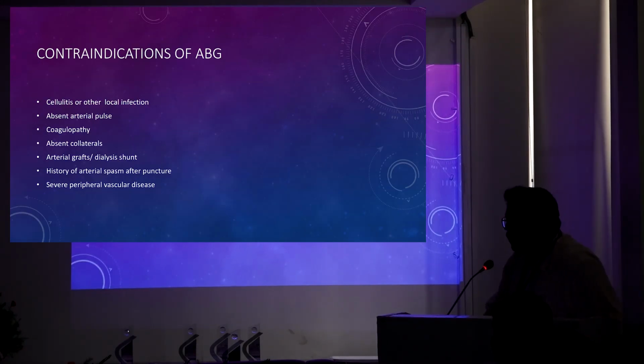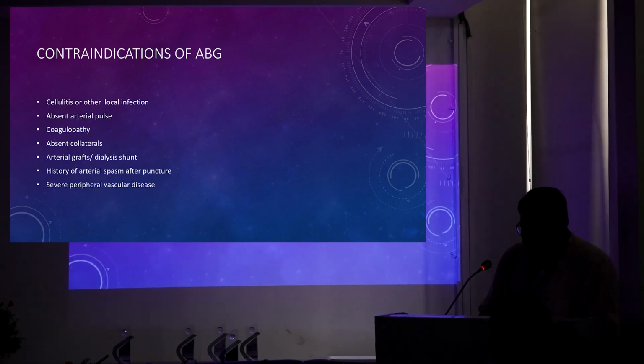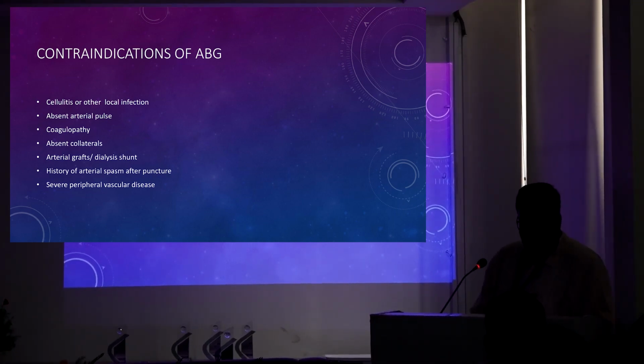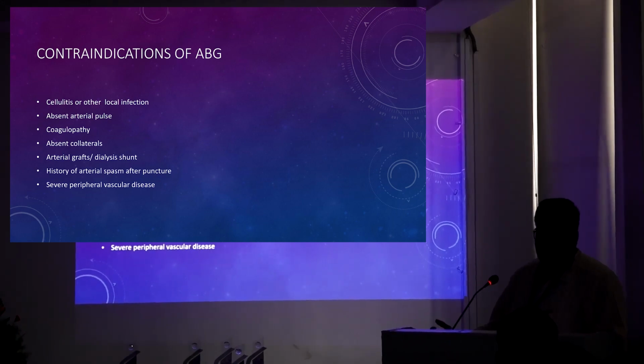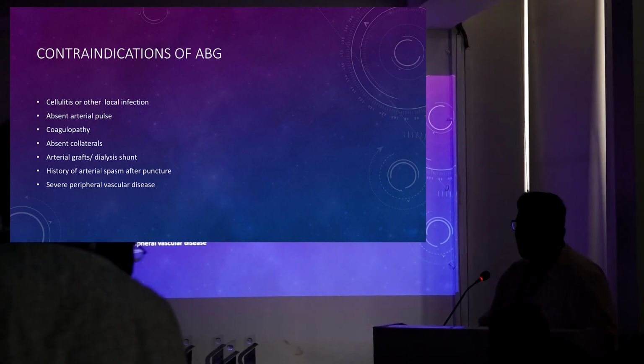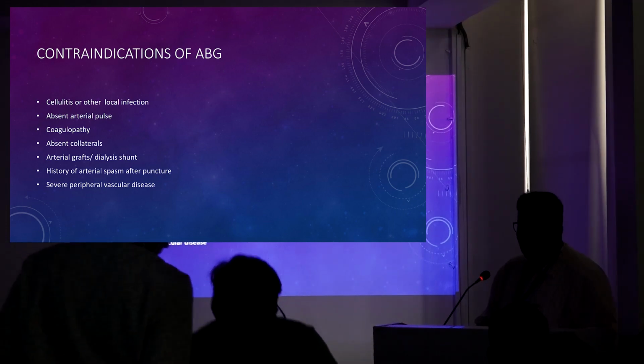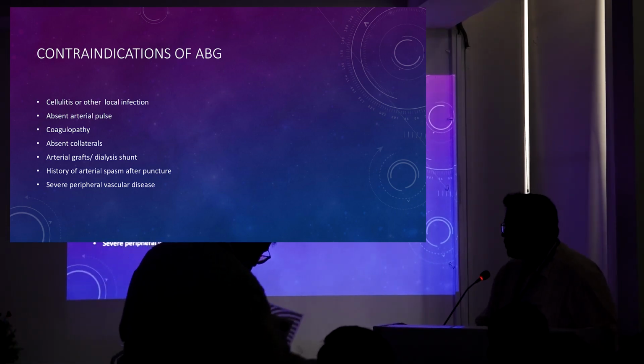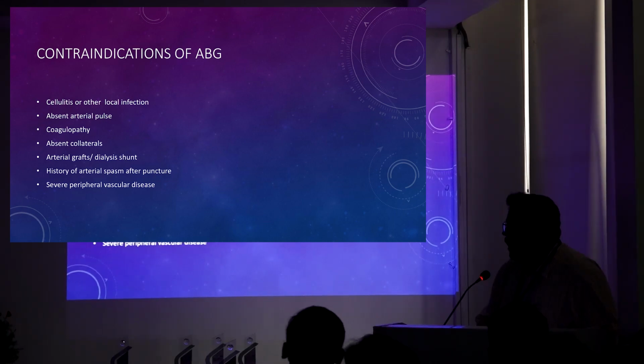Now this is more important than the indications. Common contraindications for ABG involve cellulitis or other local infections, so we don't end up with a frank septicemic case, and also an absent arterial pulse.